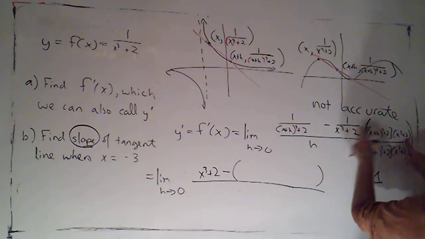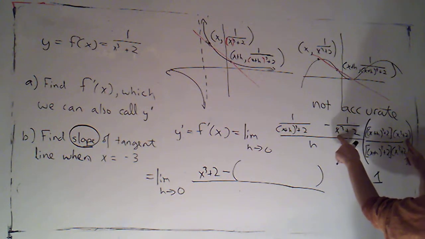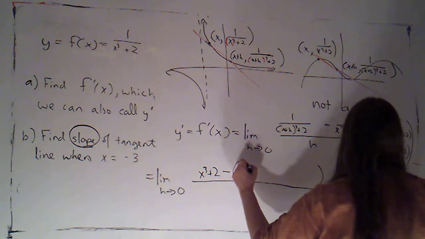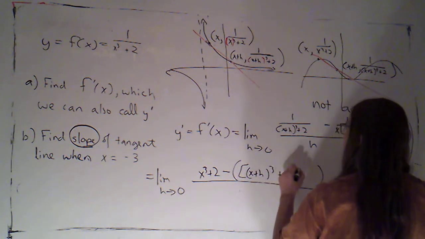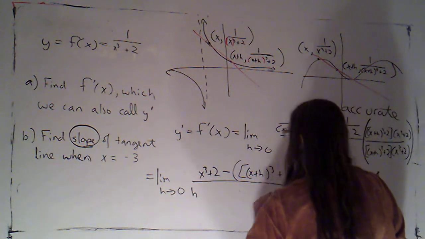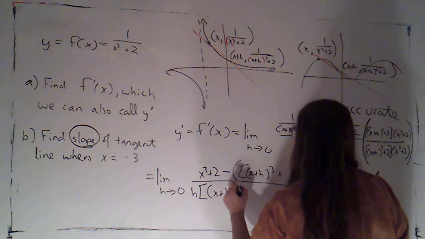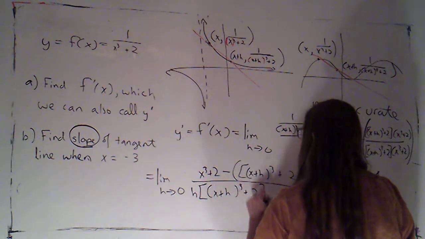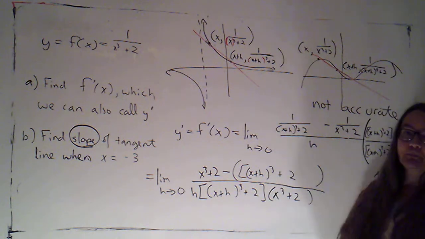But when I distribute this to the second fraction, the denominator of that second fraction cancels. So what I'm subtracting is (x plus h) quantity cubed plus 2. And then that's all over h times this product, (x plus h) cubed plus 2 times x cubed plus 2.